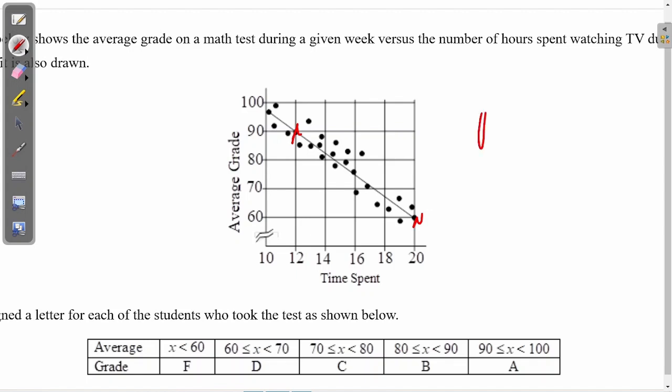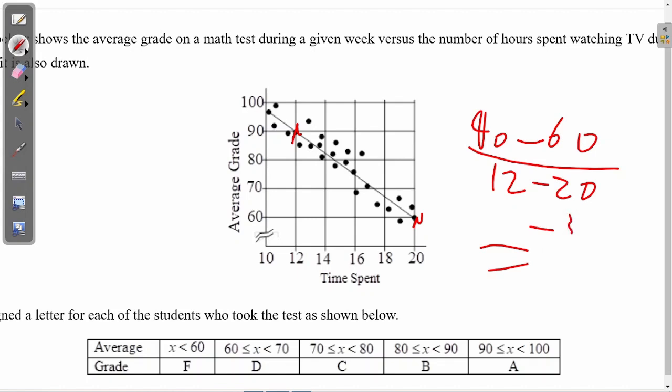So 90 minus 60 over 12 minus 20. So it's 30 over negative 8.